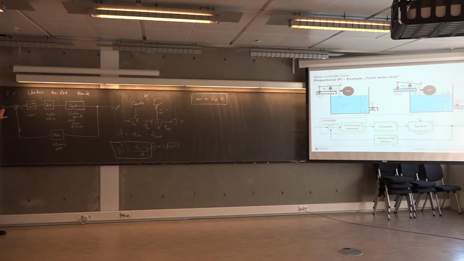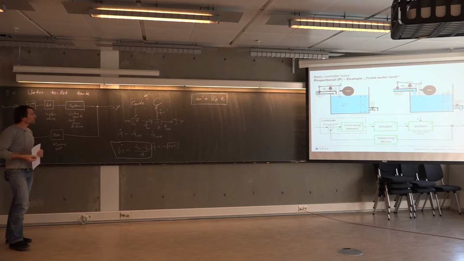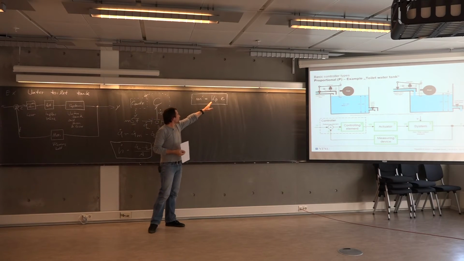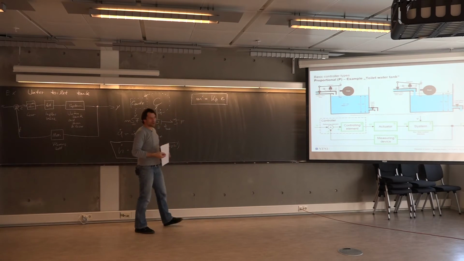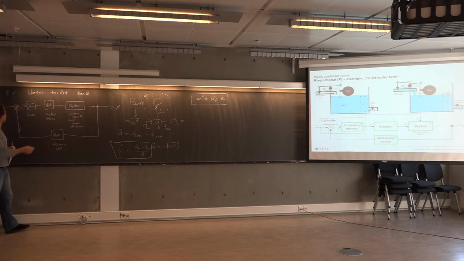We have that reference value and the difference, so maybe more appropriate to have a minus here. The difference is between set point and the current water level height, the error. And this is being translated using some sort of constant to a controller output value, the manipulated variable.